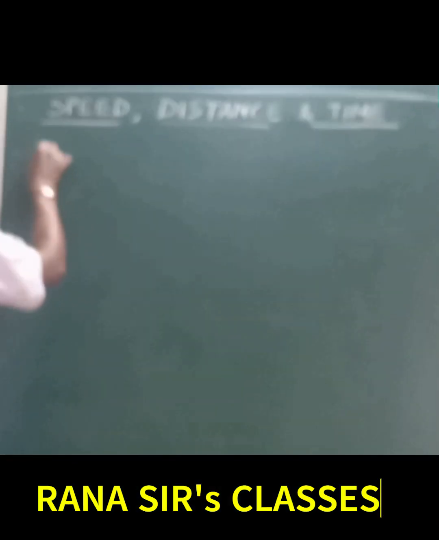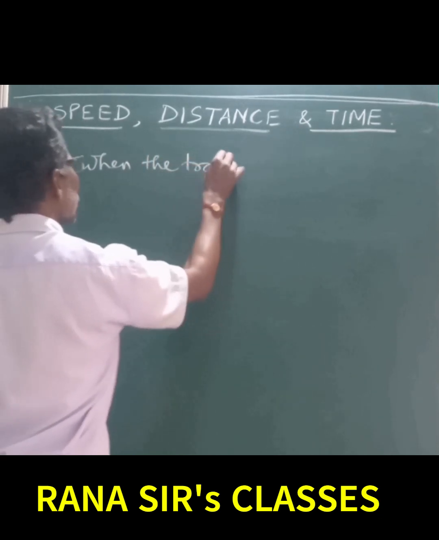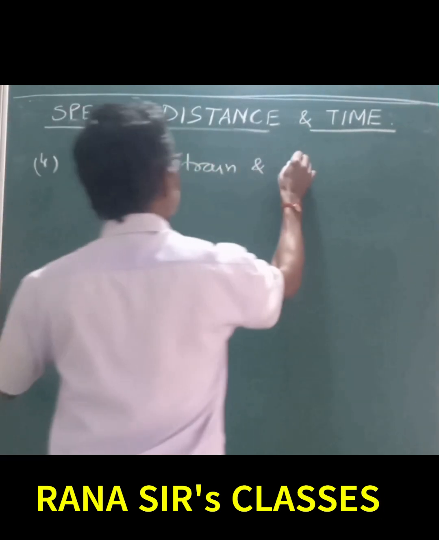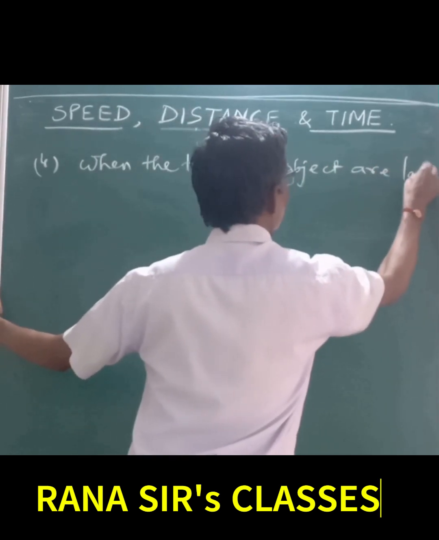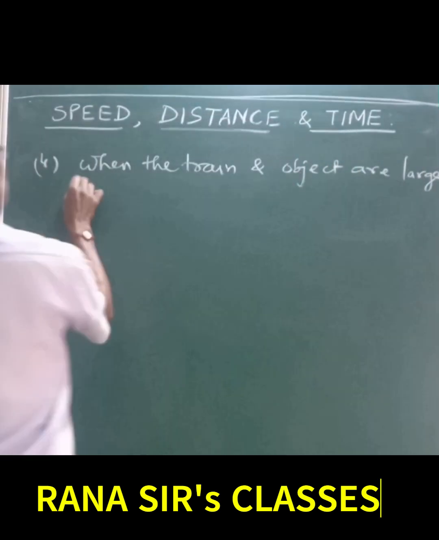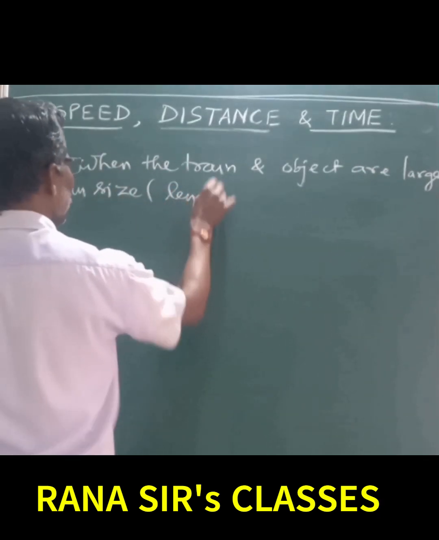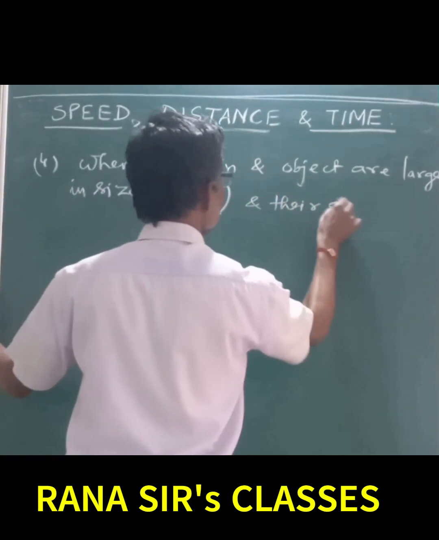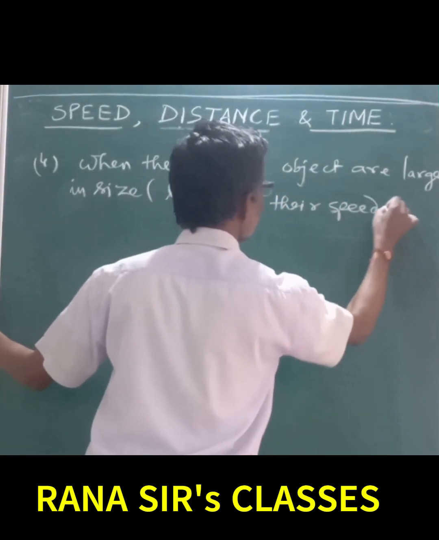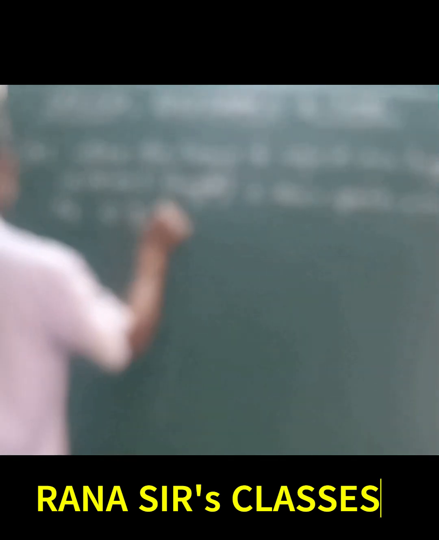When the train and objects are large in size, size means length, and their speeds are x1 and x2 respectively.